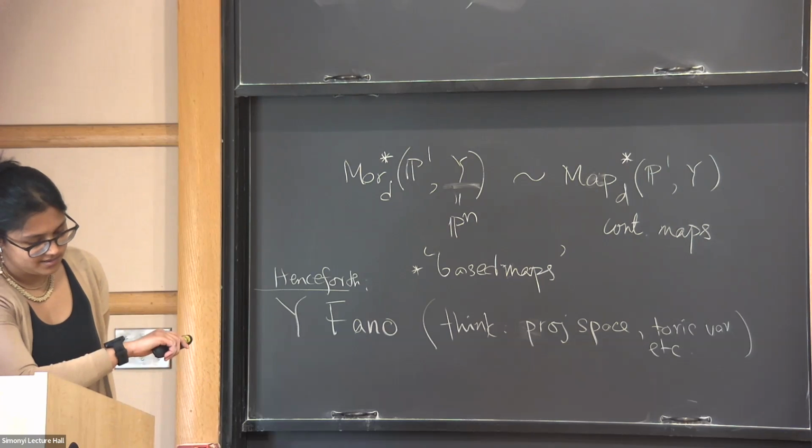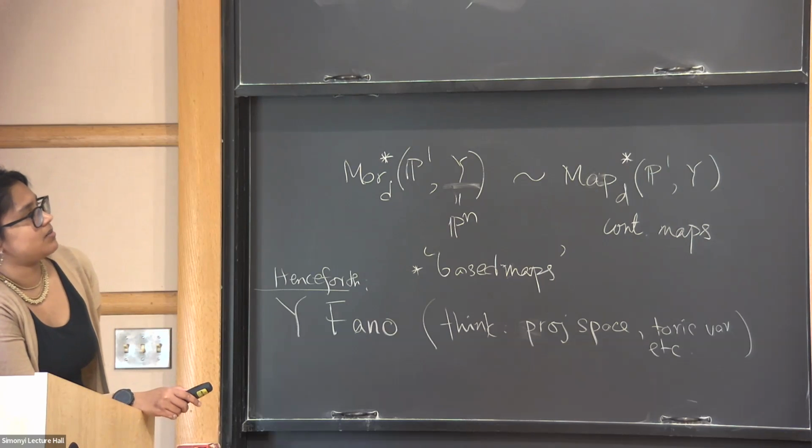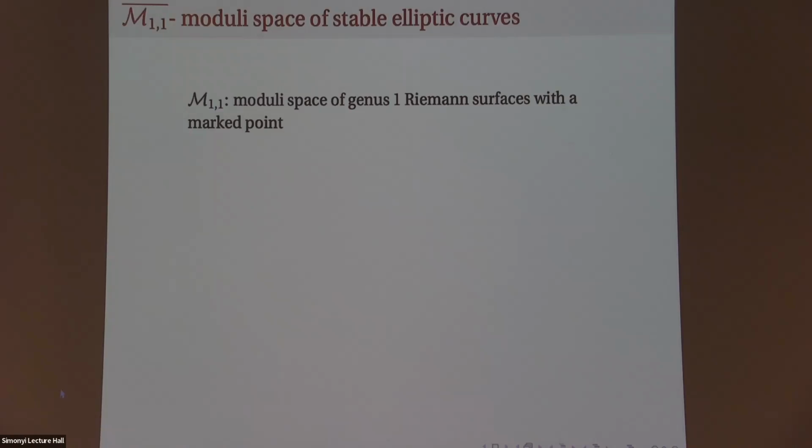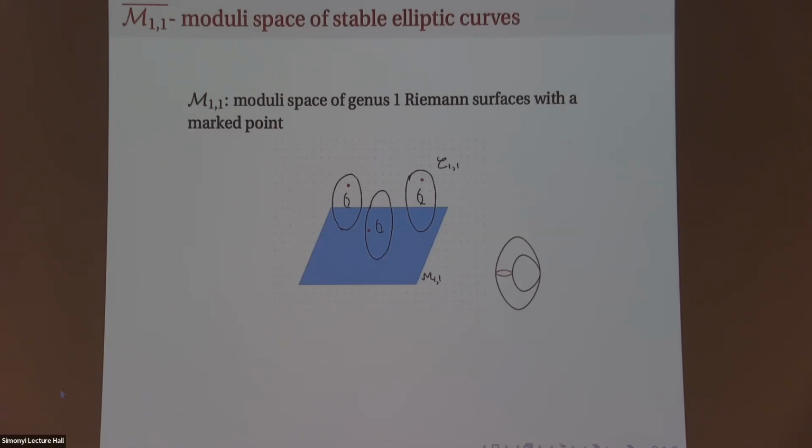So the example I want to talk about now is that let M11 be the moduli space of genus 1 Riemann surfaces with a marked point. So that's a picture, or at least I tried.